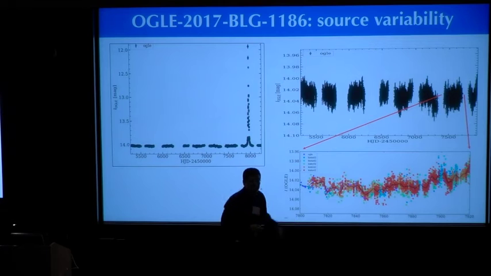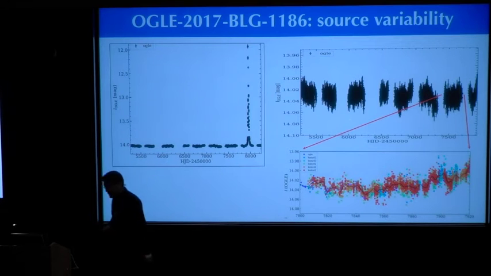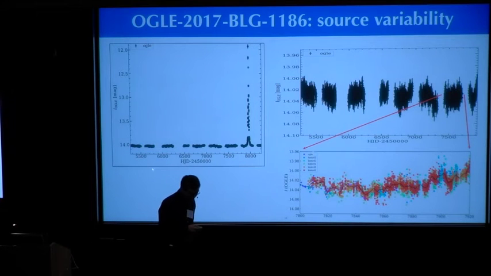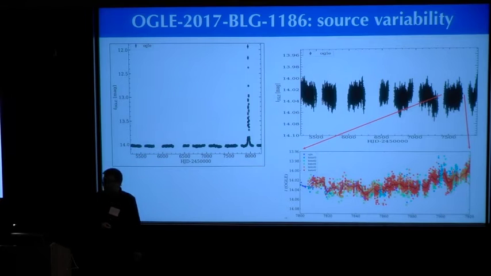So the event is clearly variable on the scale of 1%, 0.01 magnitude. So this sort of intrinsic variability has to be taken into account in microlensing observations.